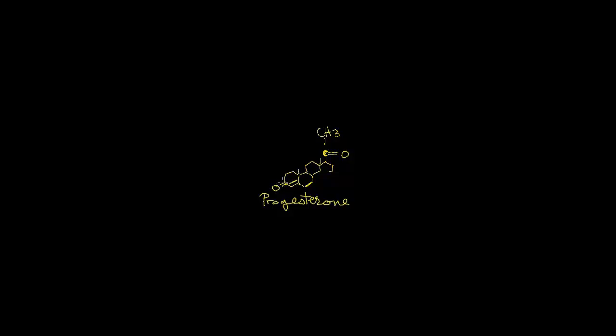This is converted to an oxo group. The second action is an isomerase action, the D5, D4 isomerase effect. The same enzyme does that job too.